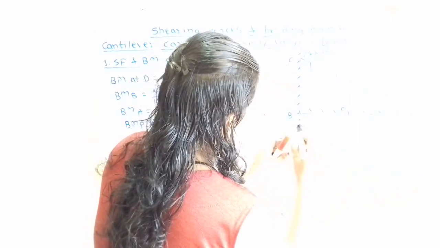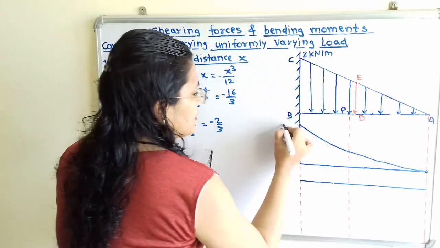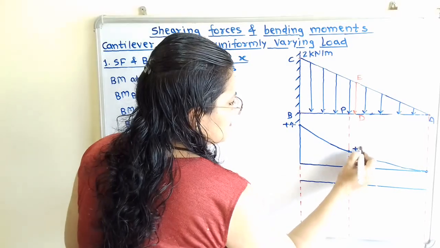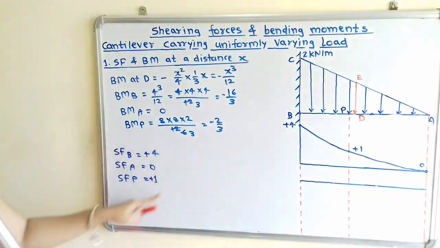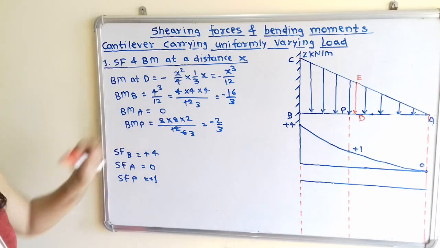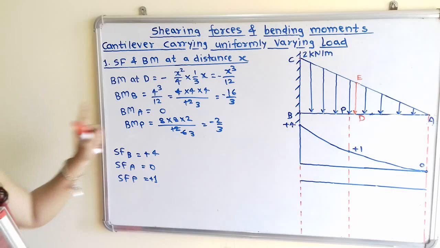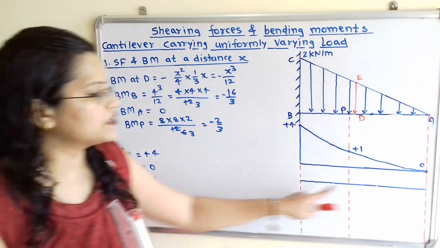We will complete this. We will show here the values plus 4, plus 1 and 0. Now in the same way we will show the bending moment. For bending moment at A, 0. We have to mention the negative values in the downward direction of this baseline.